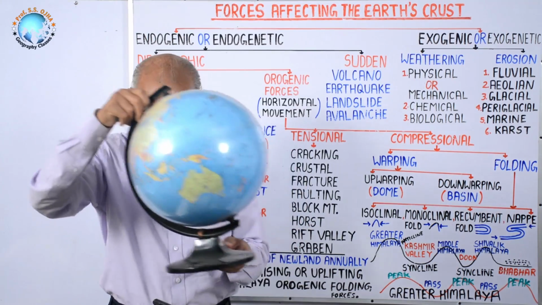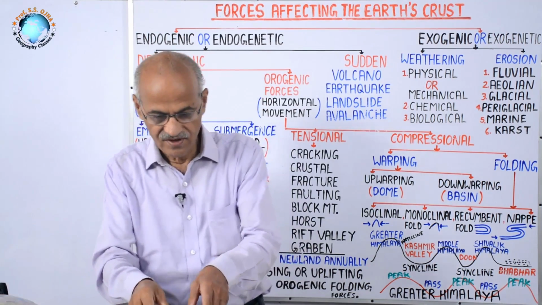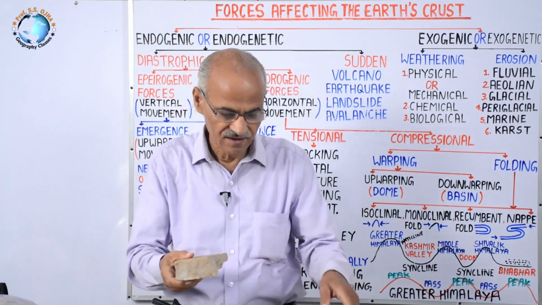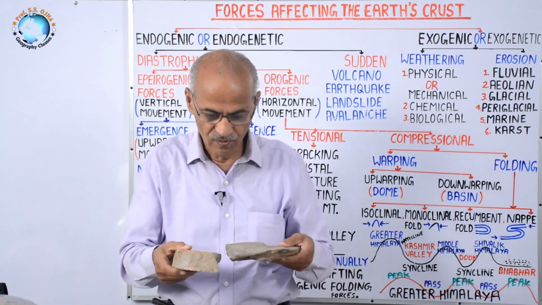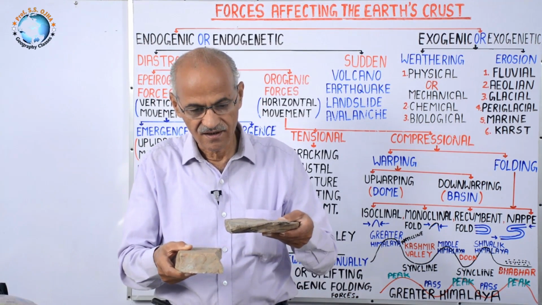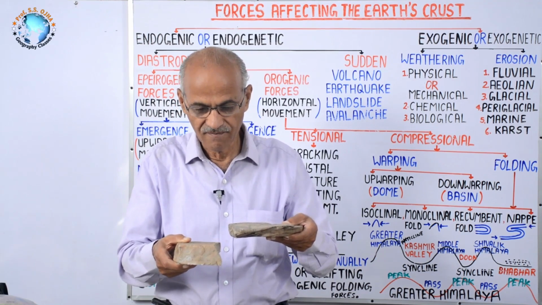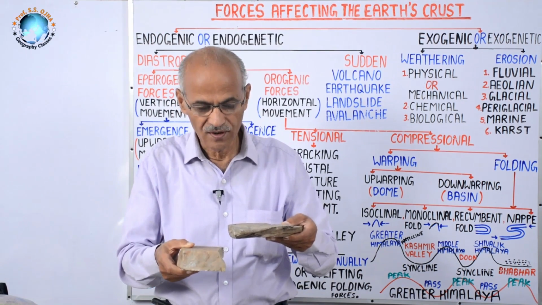Why do plates emerge and submerge? It is very simple to understand. Suppose these are the two plates, and if one plate is continental, it will be higher. The second one is oceanic, its level will be lower.